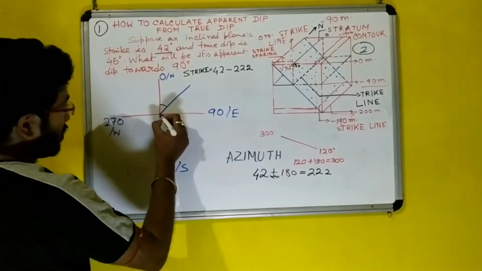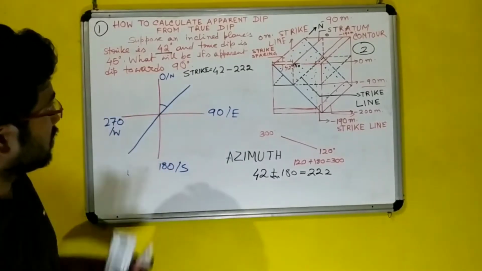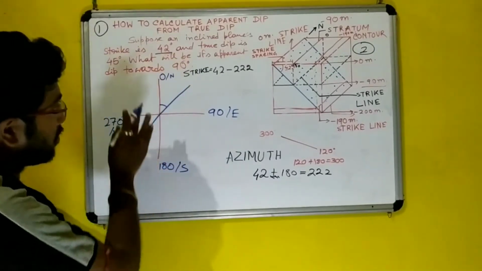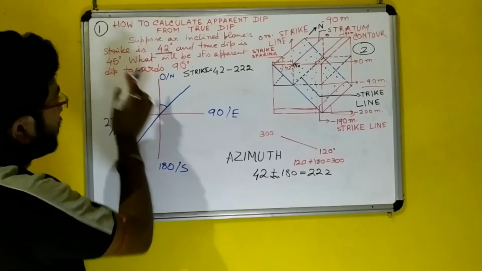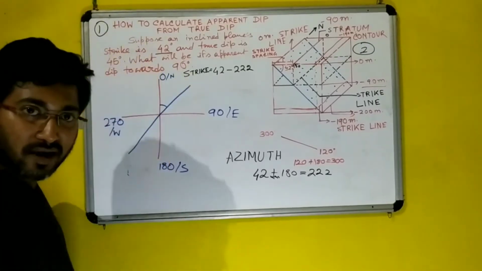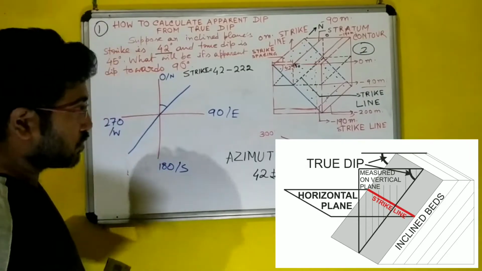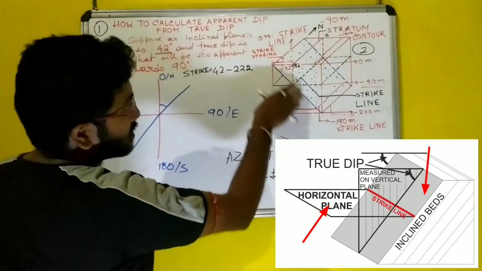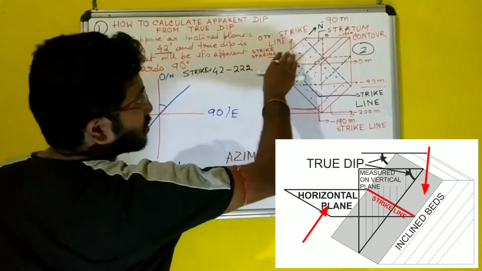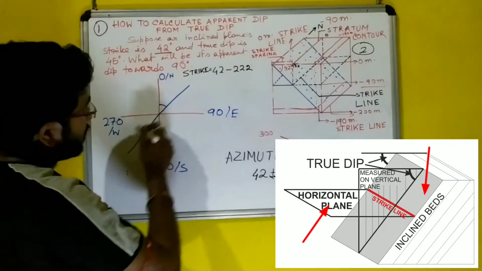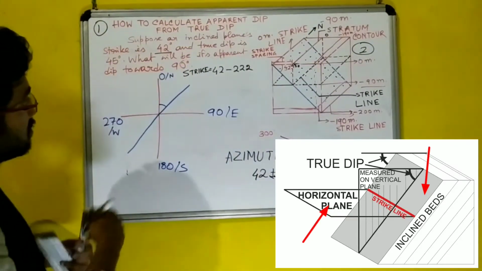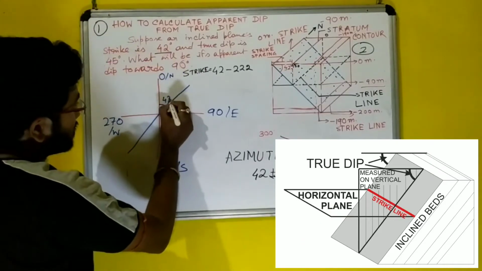This is the intersection line of the inclined plane and the surface plane. When two planes intersect, they generate one line. So this is the plane, and this is one horizontal plane. They intersect. This is the line. This angle is 42 degree.